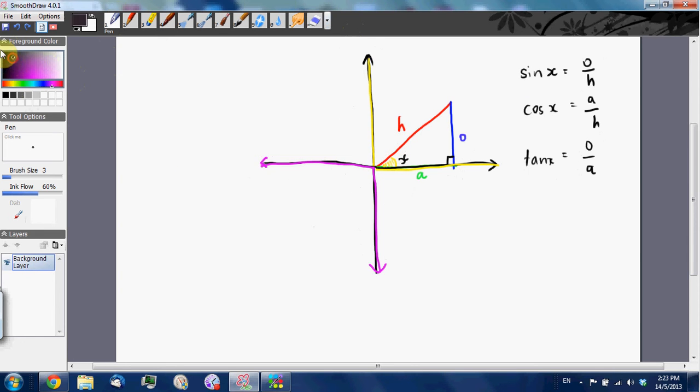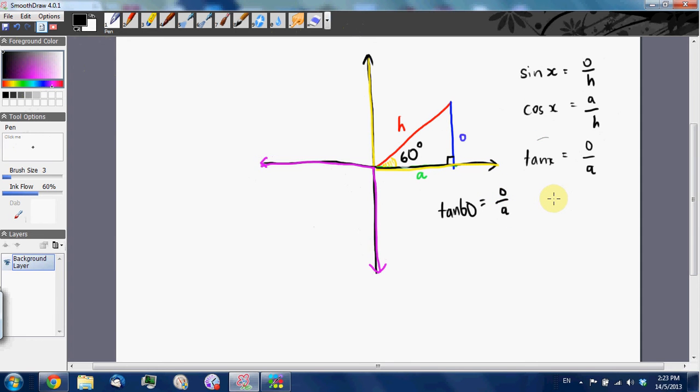Let's say we have our x to be maybe 60 degrees. It's going to be a nice number. Since the yellow axis is positive, tangent 60 equals, since we are measuring this length as positive, just opposite divided by adjacent.